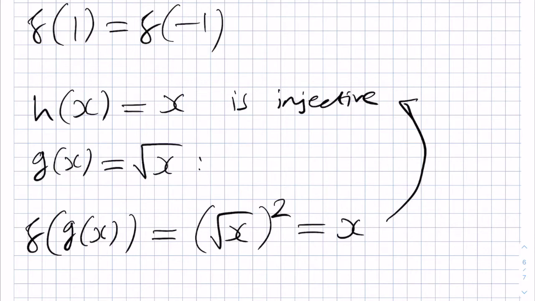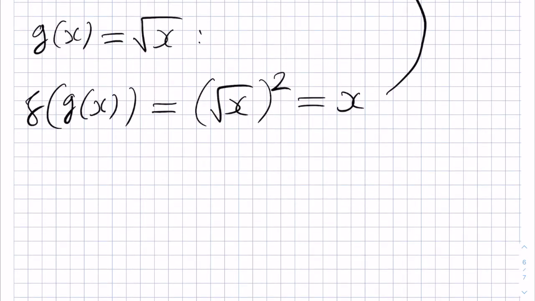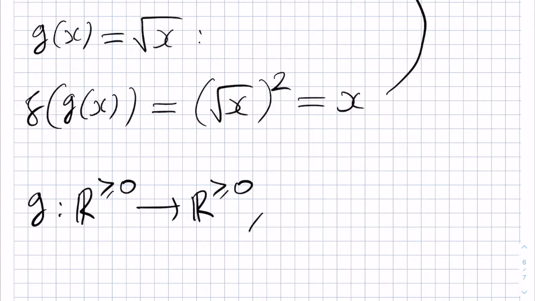Now, to ensure that this result definitely works as intended, we should be clear about the domain and ranges of our functions. So, in particular, for the sets that are involved, we have g going from R greater than or equal to 0, so that's the real numbers with 0 and all the rest of them that are positive, also going to the range R greater than or equal to 0, and this is the function that takes x and outputs the square root of x.